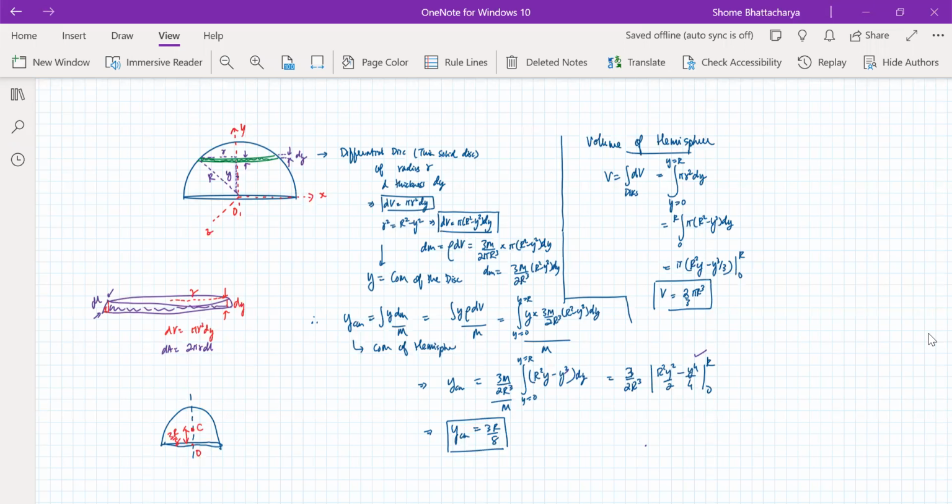Okay, so now with this, we will move on to more applications about linear momentum conservation and eventually about collisions.